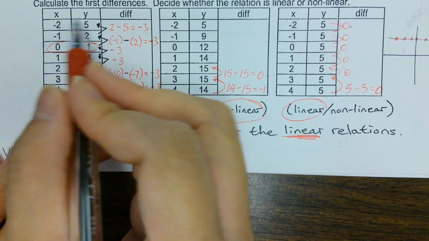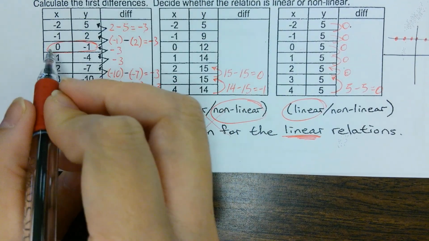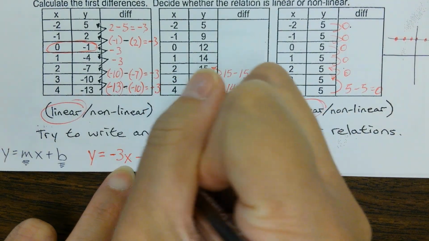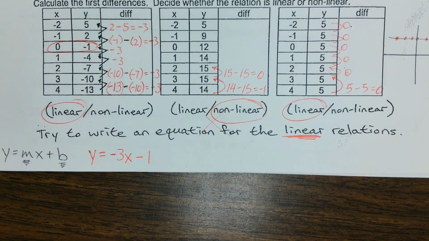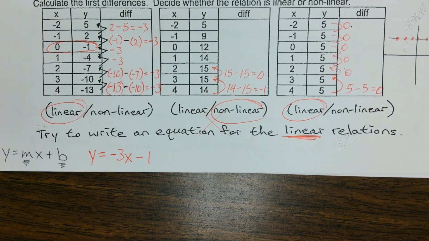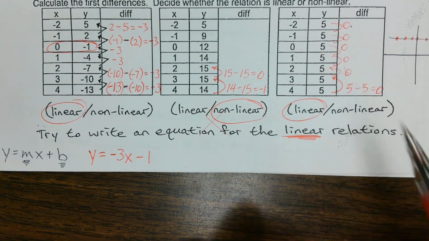Good job. So not 5, just because this was the first row doesn't make it the starting value. Your starting value is the y value when x is 0. And we just built our first equation. Yay.